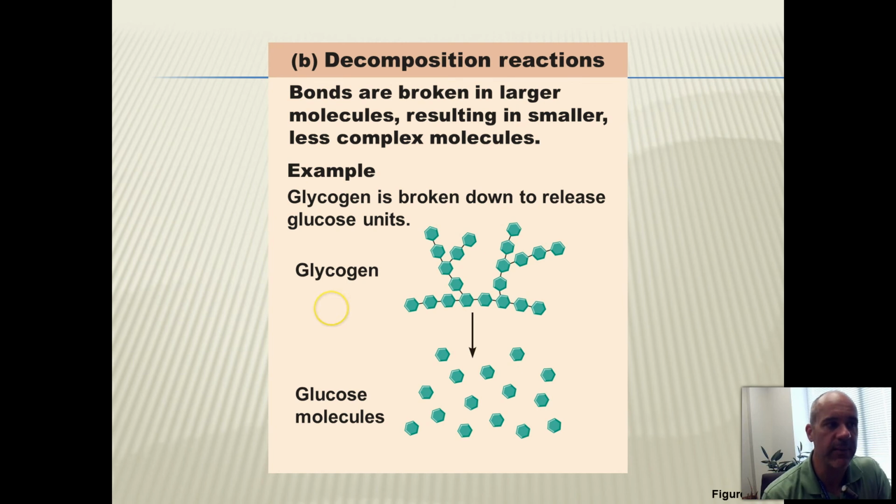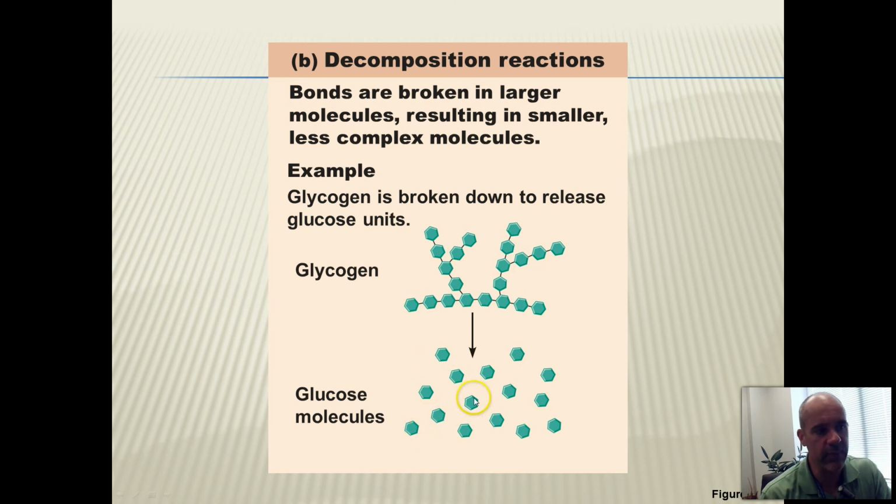Decomposition, like I was mentioning, our example here: you have a big molecule, and big molecules have lots and lots of atoms. Smaller molecules have fewer atoms that make them up. That's the only difference, and there's lots of variety out there in our bodies. Glycogen is a type of carbohydrate, a type of starch that some of the cells in our body use to store energy. So that's a big, giant molecule, and it's built from a bunch of glucose sugar.